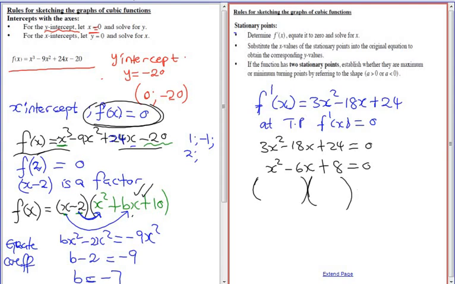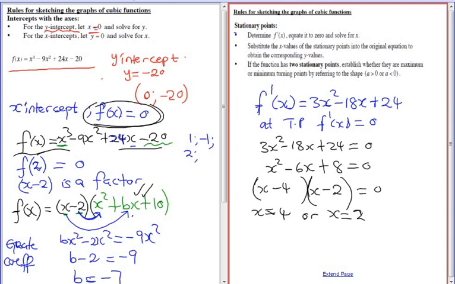There is no need to stress here. So you put your x and your x. Two numbers you multiply to get 8, when you add, you get negative 6. Definitely negative 4 and negative 2. Yes, correct. So here your x is equal to 4 or your x is equal to 2.